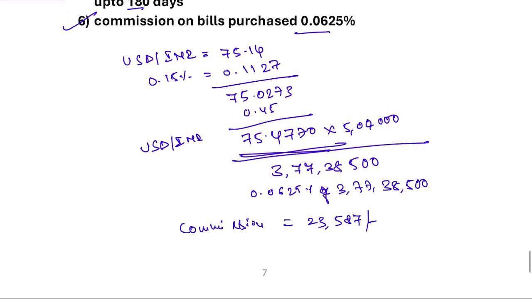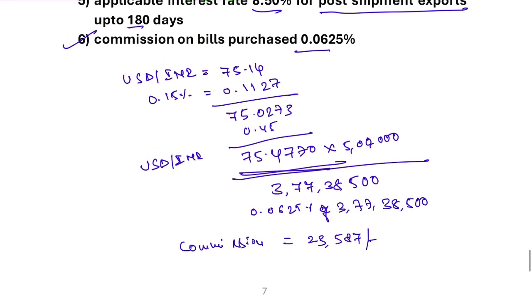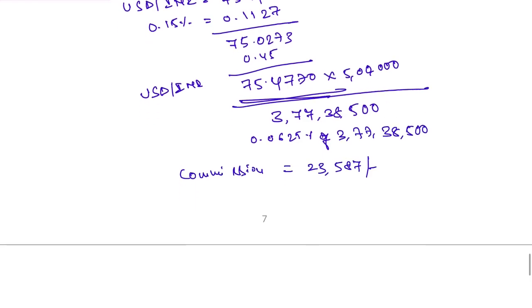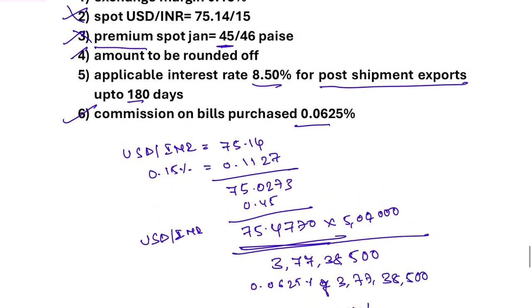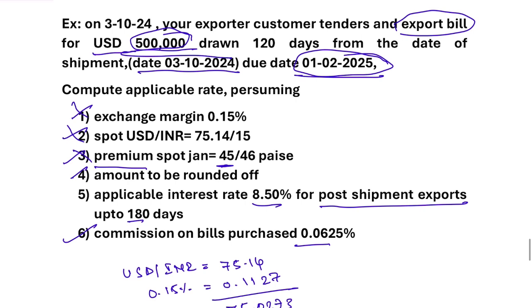And interest amount is also there. Interest amount is what? 8.50 percentage for 180 days. But actually this interest is for 180 days, but the customer has rendered it within 120 days only. So we consider only 120 days interest.